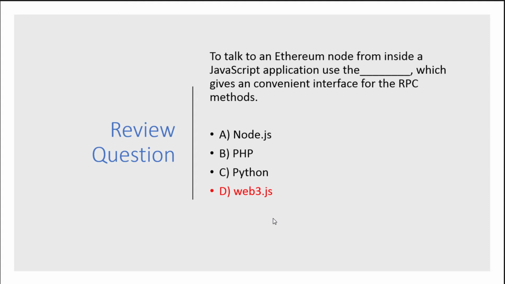Well, that's actually not an interface, I should say, but that plugin is web3.js. Again, that's a JavaScript interface plugin, I guess you would call it, that you could use.